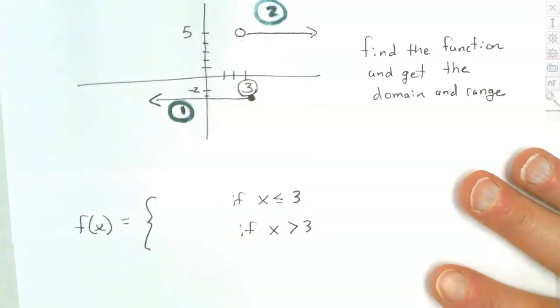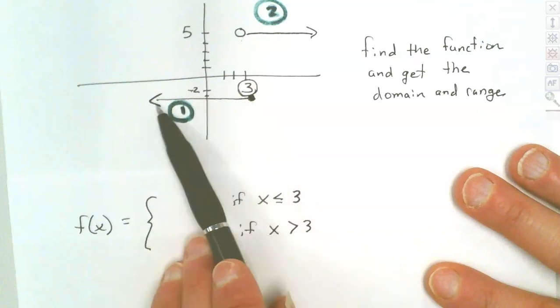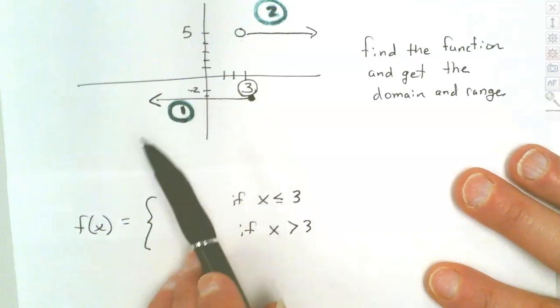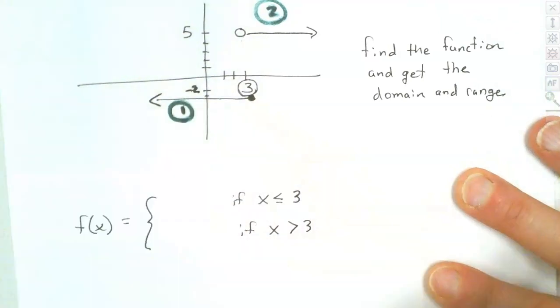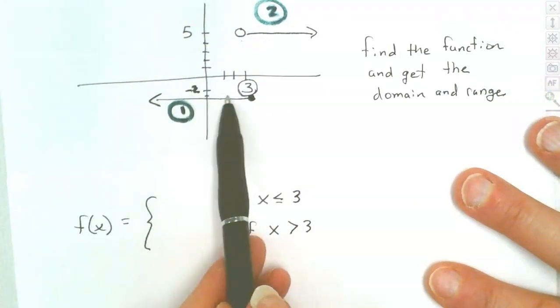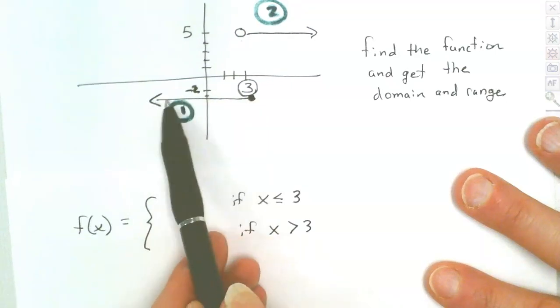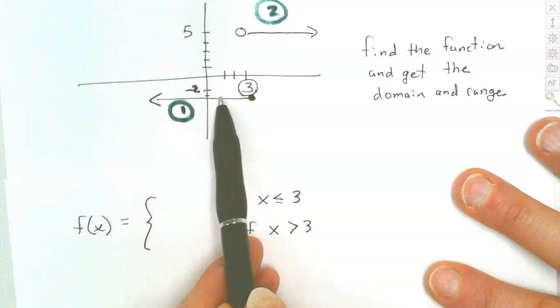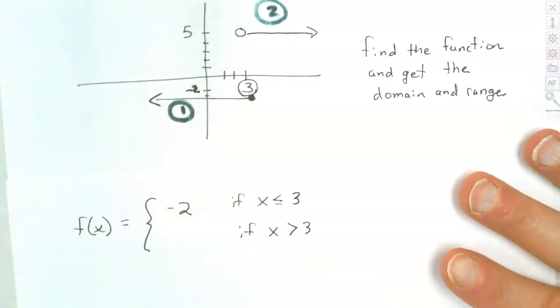Now, these are constant functions. So if we're at row 1, what is our y value? We're looking at the y value. This is a constant function at what? If we look at it, it looks like it's at what value across here? Constant function at y equals what? -2. Okay, so that's going to be our function, -2.